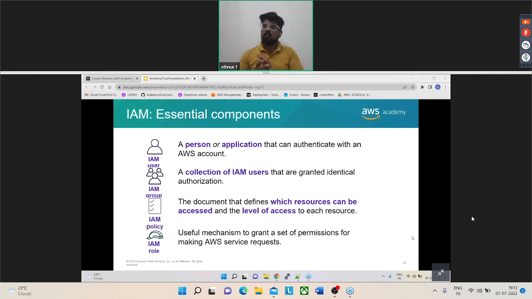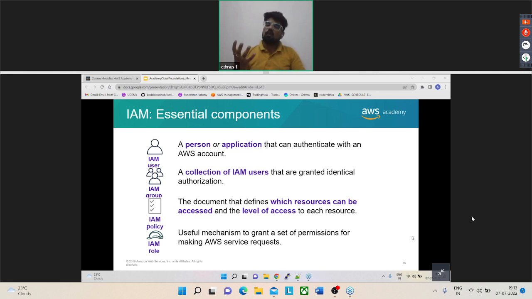Let me give an example. Suppose there are 50 people working on a single project, and all have different technology stacks. Suppose there are 10 database engineers, 10 network engineers, 20 developers, 5 testers, and 5 admins.